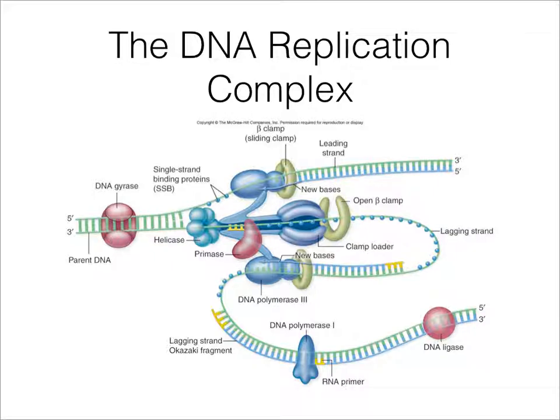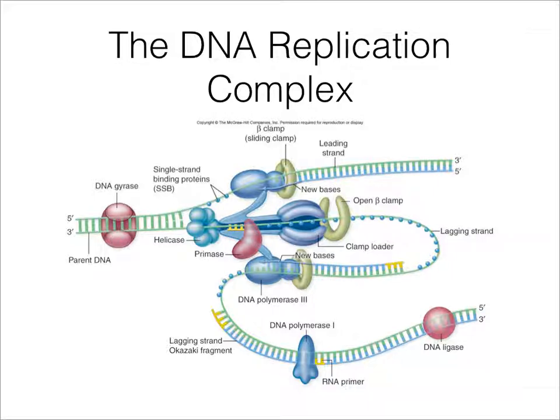So here you can see everything put together. All right? Helicase is unwinding the DNA. In front of it, DNA ligase, which is a topoisomerase, is relieving the supercoils.